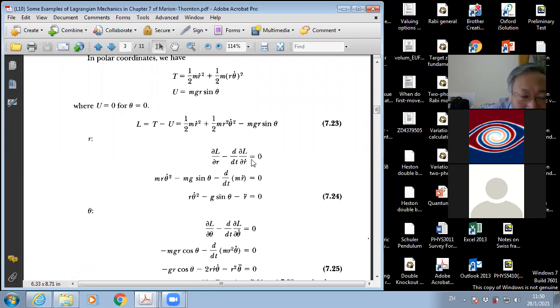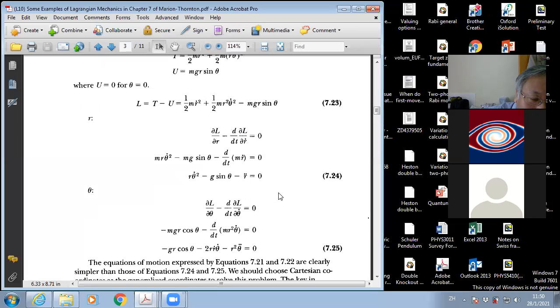In the radial direction, round L round r can come from two terms: the second term in the kinetic energy, and the potential energy term. d by dt round L round r dot gives you m r double dot. Combining together, we have this complicated equation of motion in the radial direction.